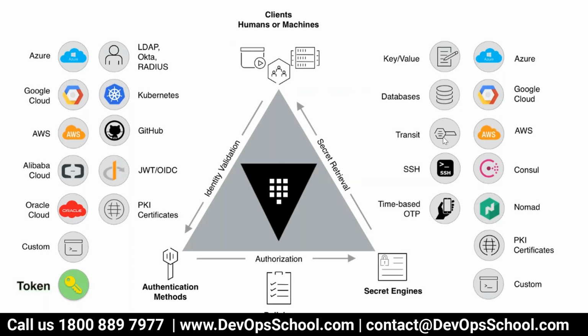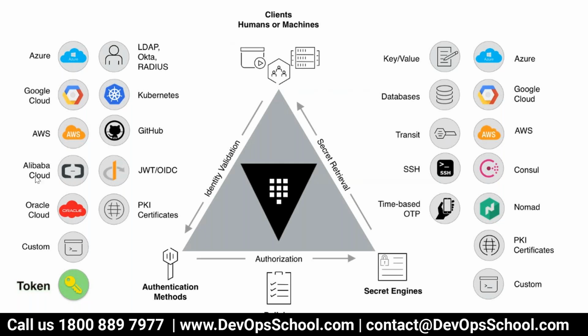Secret engine means where you can store the secrets. Different options are available, including databases, Azure, AWS, key-value and many things. Key-value is built in. And all the access is governed through policies.